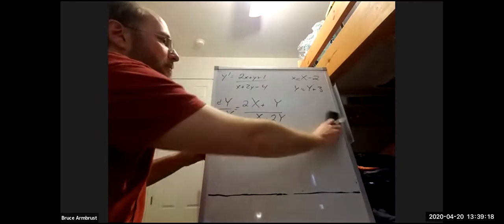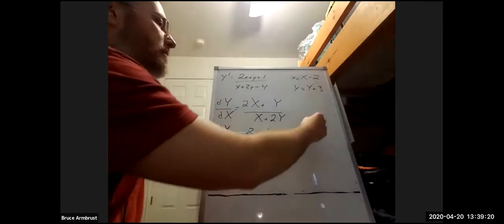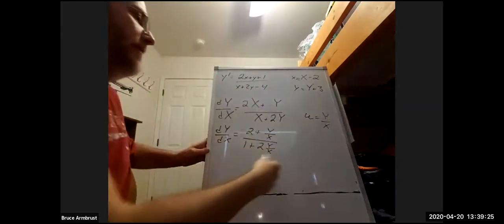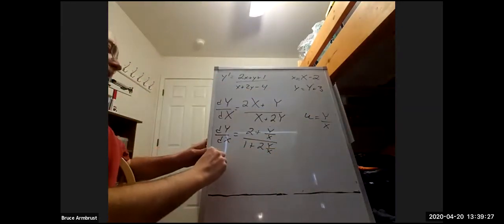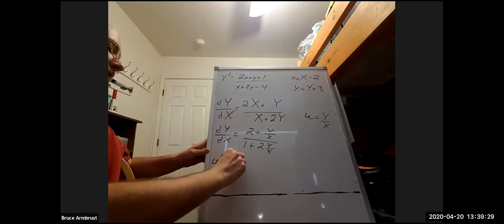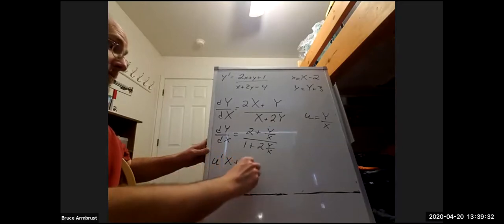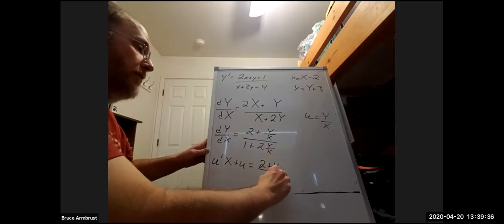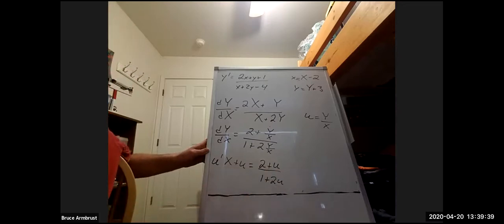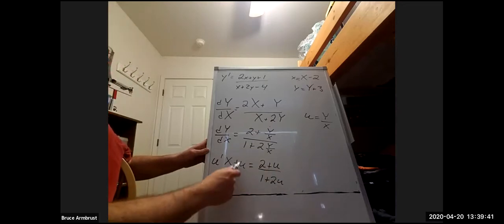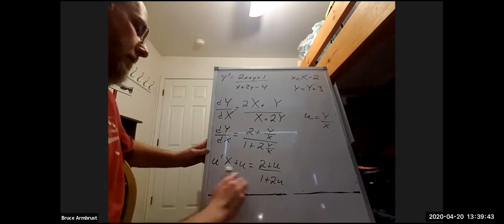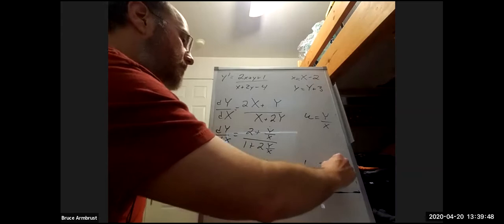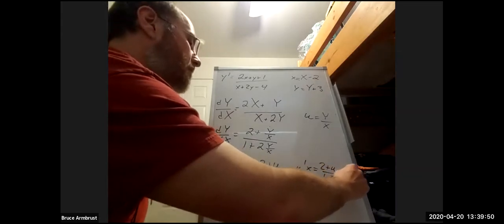So again, we'll do a u sub. If we let u equal big Y over big X, same kind of story as before, we're going to get u prime big X plus u is equal to 2 plus u over 1 plus 2u. Subtract our u. So we're going to get u prime X equals 2 plus u over 1 plus 2u minus u.